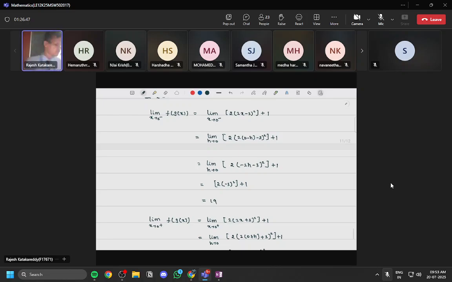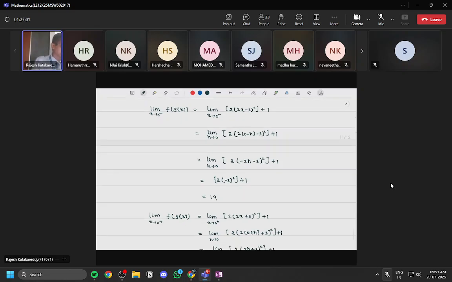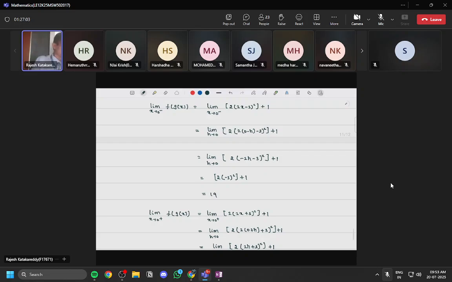Okay. See, I used left hand limit, we use c minus h, 0 minus h, checking the continuity at 0. Right? Minus 1 to 0 we checked, 0 to 1 we checked, at 0 we also checked. Continuous. Anything else?